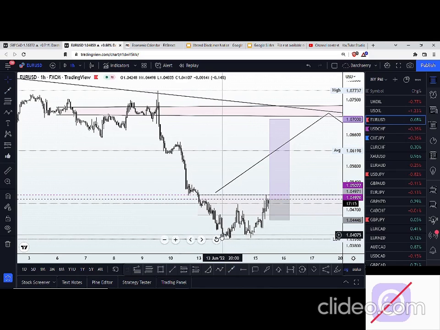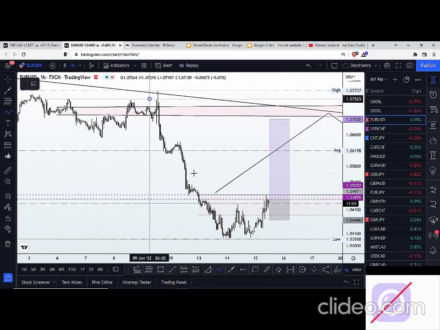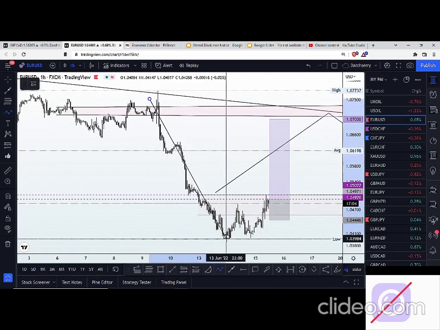However, we can't just jump into that conclusion if we see patterns that are setting otherwise. Now, if you look at what happened as soon as price tested this area during the early hours of today, around the 1.03, 1.04 area, we saw a sharp rejection.